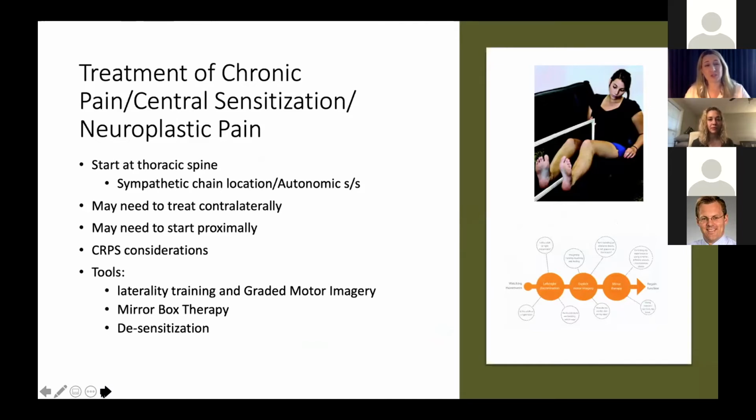We might need to treat contralaterally before we can go into a joint that might be more CRPS or really activated and hypersensitive. We can use graded motor imagery, mirror box therapy, lots of ways to desensitize these dancers. Our goal would be to catch these dancers before they become centrally sensitized, which if you're looking for hypermobility may help you catch them sooner.